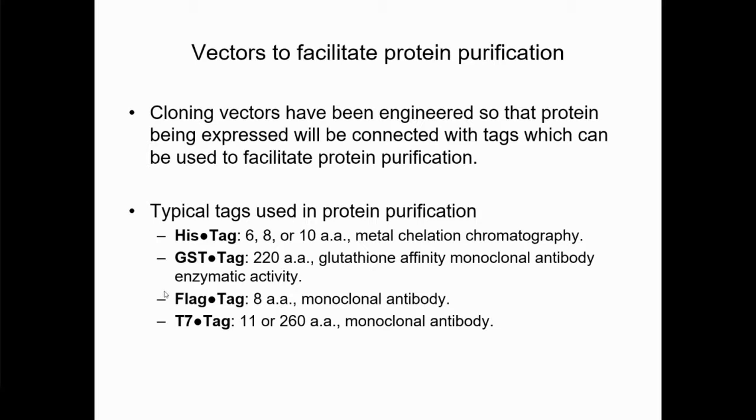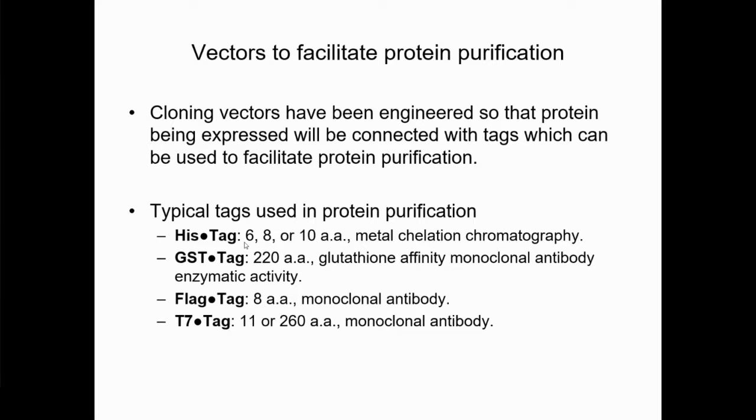These are amino acids that can be recognized by something specific. For example, the T7 and FLAG tags can be recognized by an antibody, so you can purify it. GST also uses an antibody, and the HIS tag can be purified through metal chelation chromatography. So these are the tags that are incorporated into the expression vector.